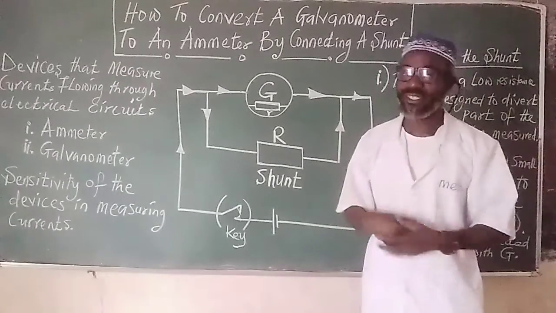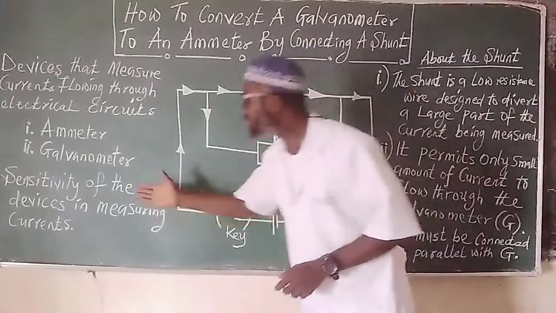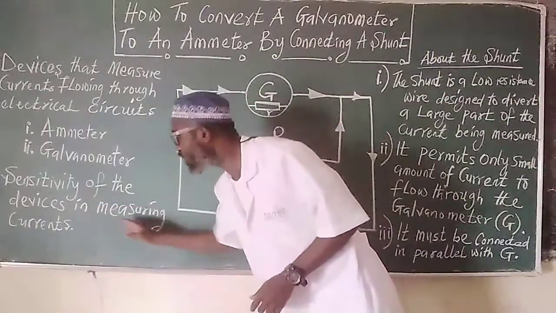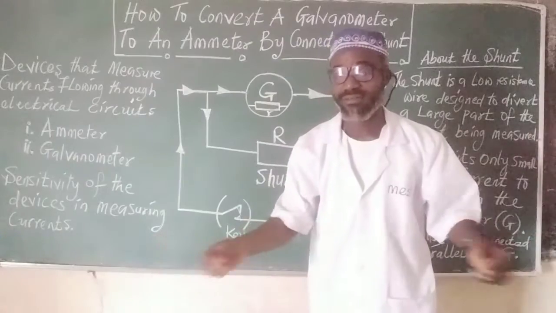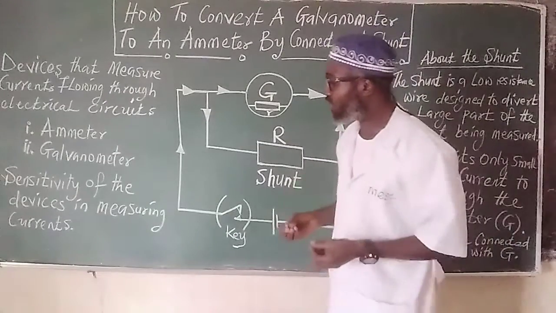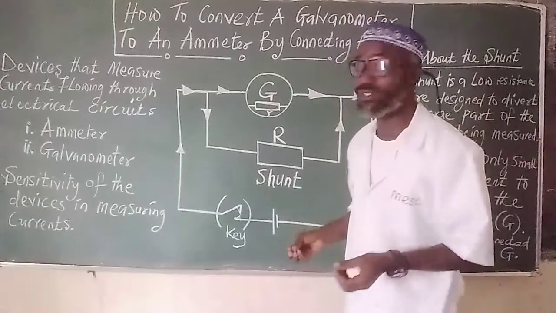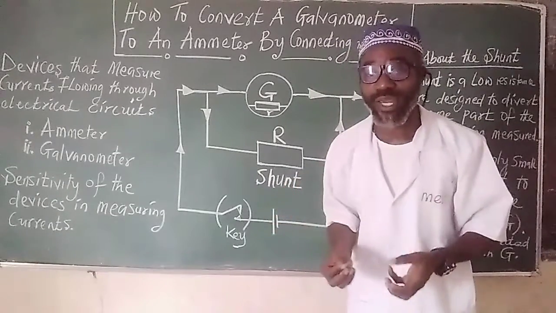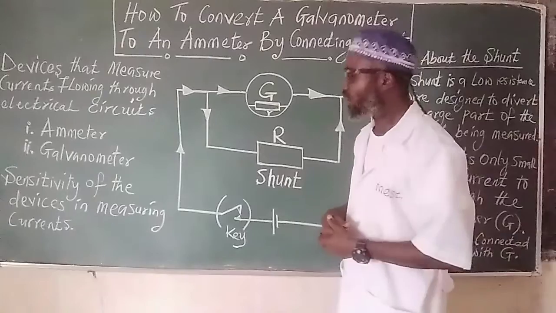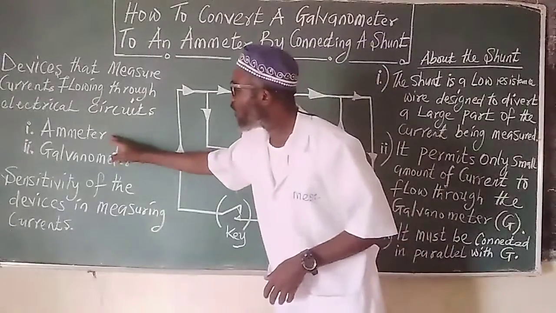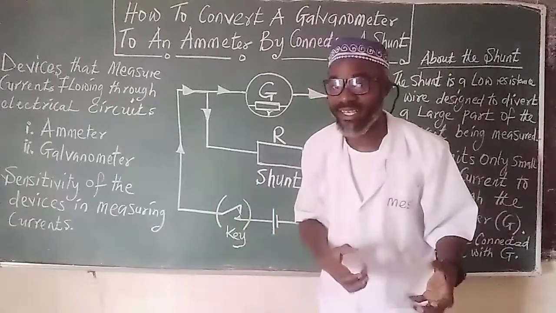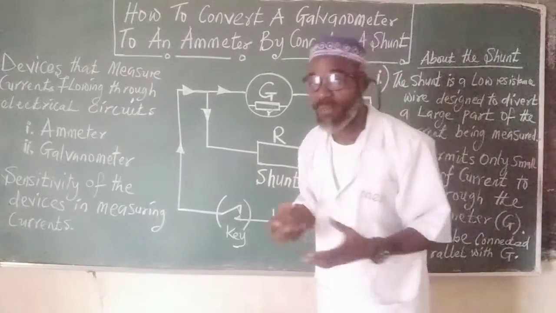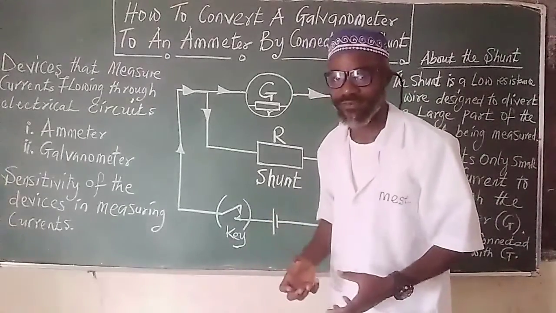But we must understand something. The sensitivity of the devices in measuring current depends on certain factors. The current being measured must be taken into consideration, the calibration of the material, and so on and so forth. All right, but when do we now say, or how can we say that an ammeter is sensitive?